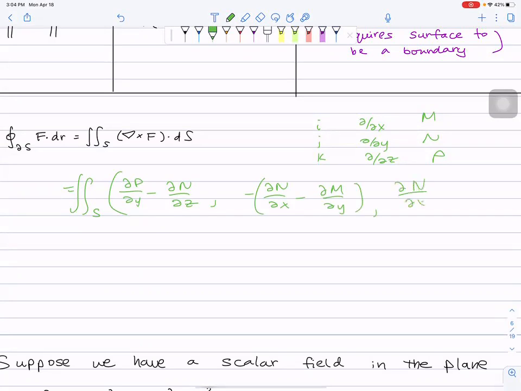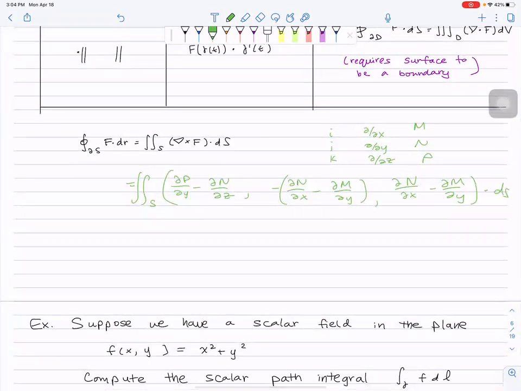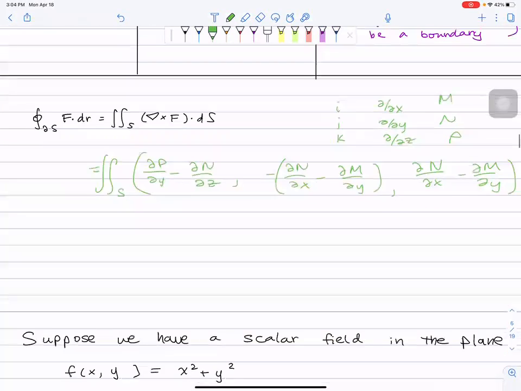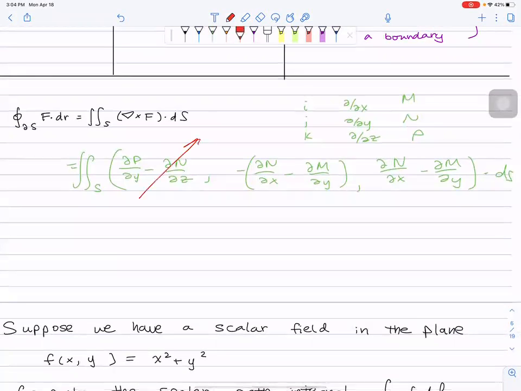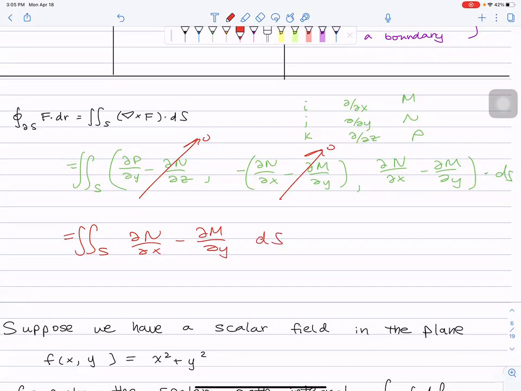But if we only had 2 dimensions, this becomes 0 and this becomes 0, so you would just be left with this, which is exactly what Green's theorem says. Isn't it like x and z in that section? Yeah, I might have flipped it. Yes, x and z.